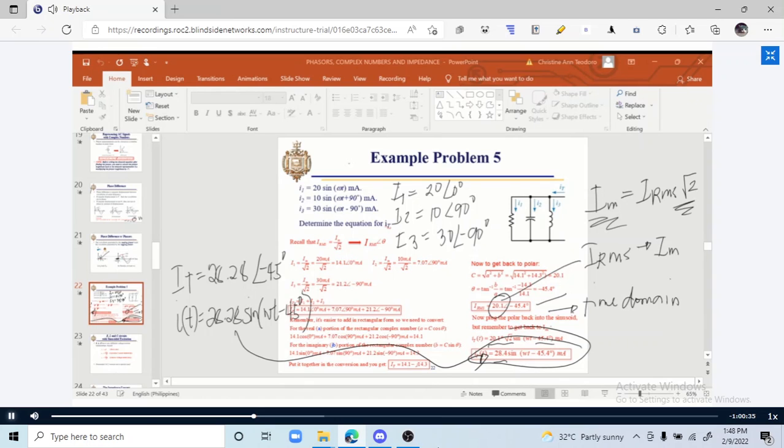Where did we get the 45.4 degrees? Anyone? Where did we get it?